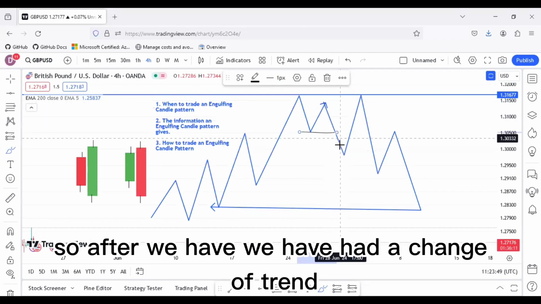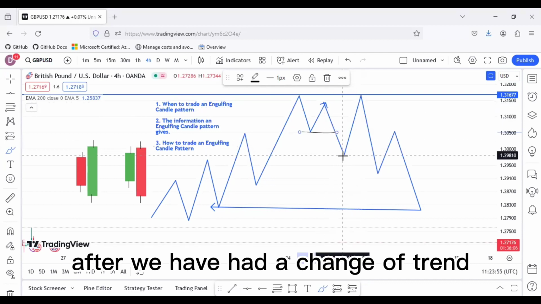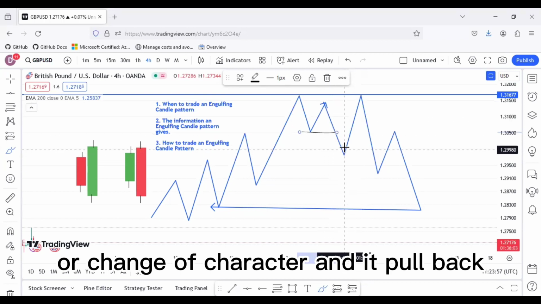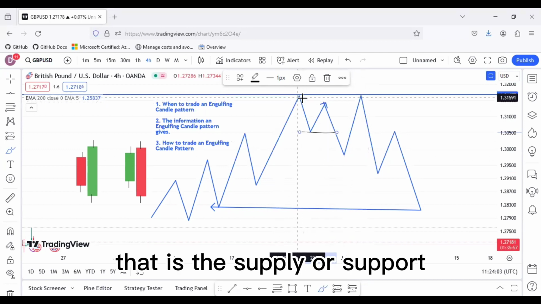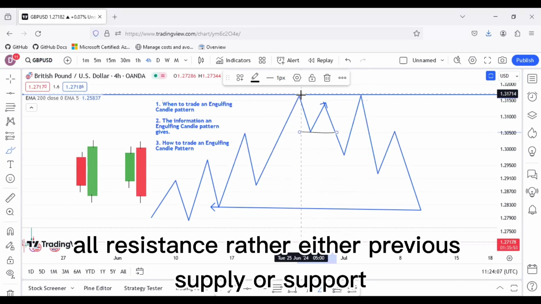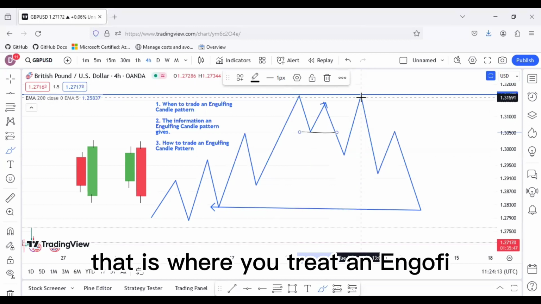So after we have had a change of trend, I'm telling you when to trade. After we have had a change of trend or change of character and a pullback, when the price pulls back to the previous high, that is the previous supply or support or resistance rather. If you see an engulfing at that point, that is when you trade an engulfing.